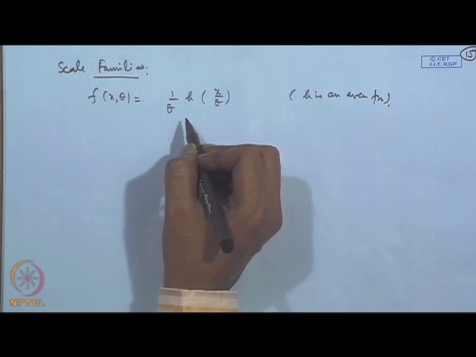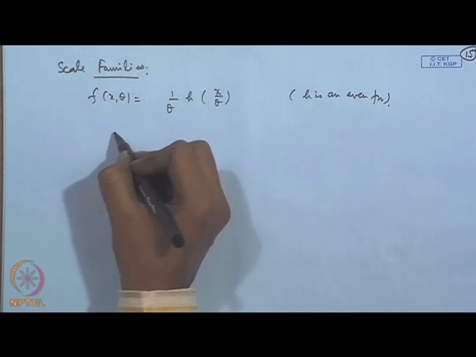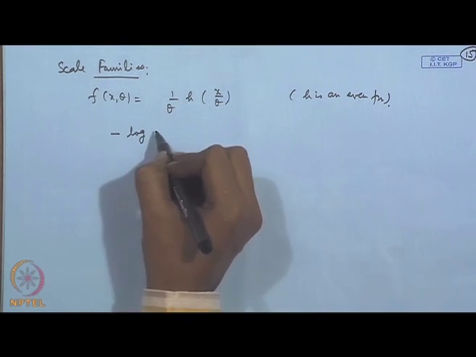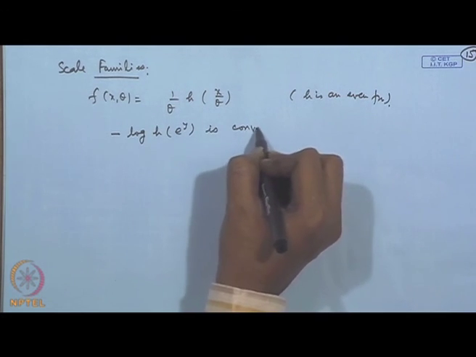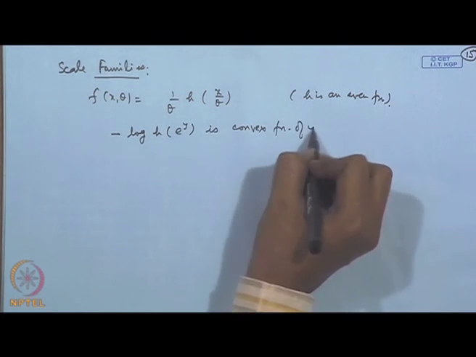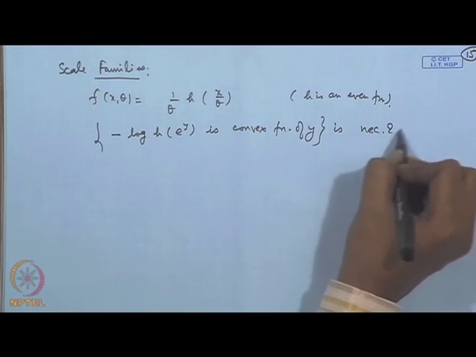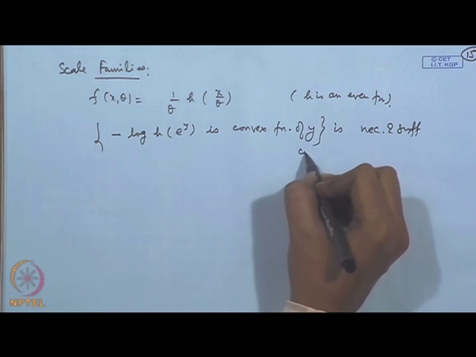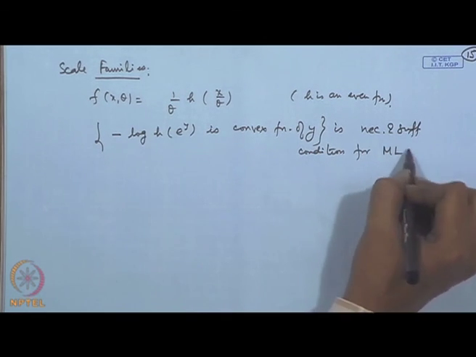In that case, a necessary and sufficient condition for monotone likelihood ratio will be that minus log of h(e to the power y) is a convex function of y.